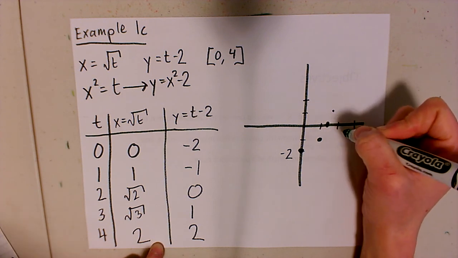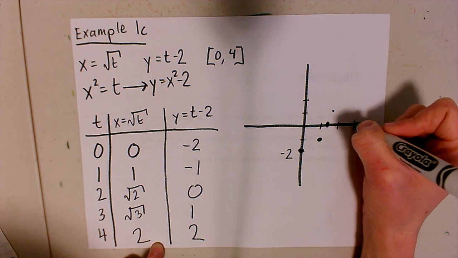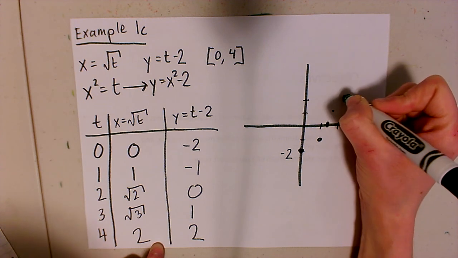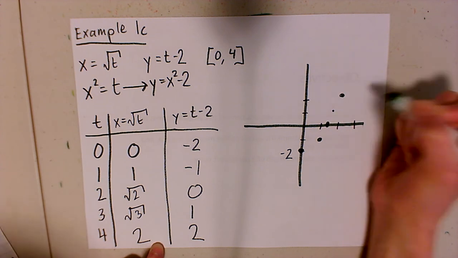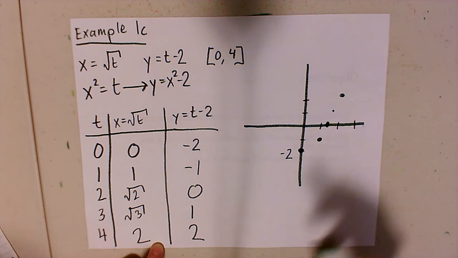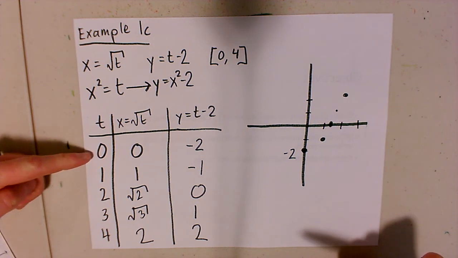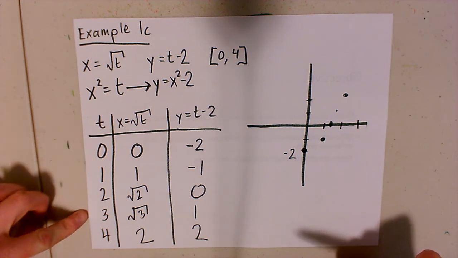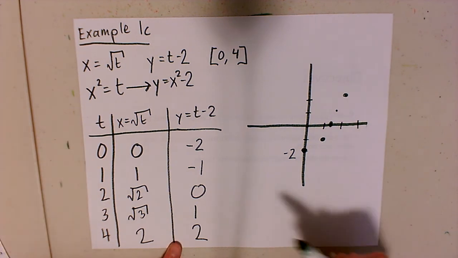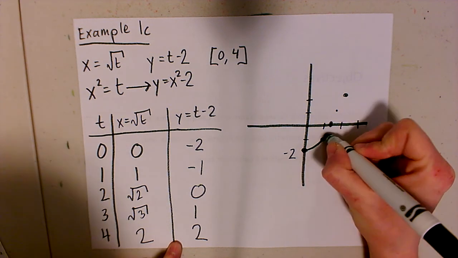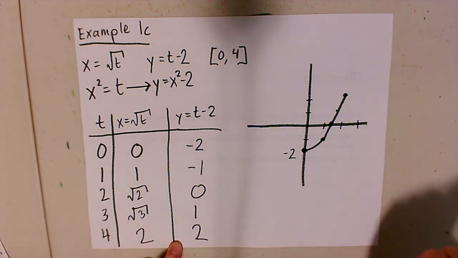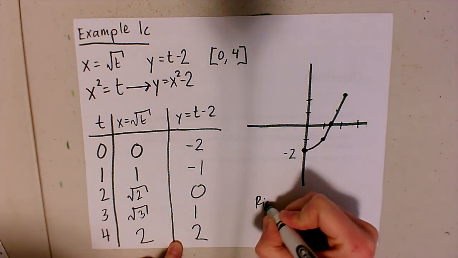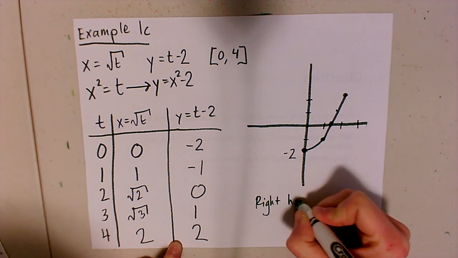And then the last point, 2, 2, so we've got our 2 and then 2 out here. And so these are the t values that we had from the interval, just going from 0 to 4. And so we can see if we plot these values, what we actually get is the right half of a parabola.